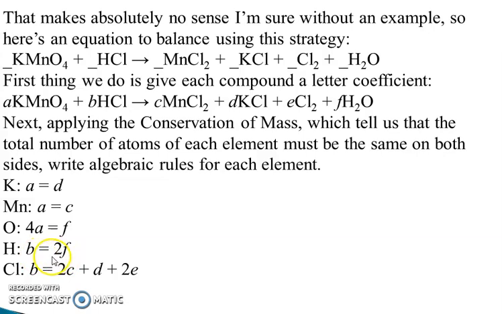Now in the case of Cl, in the above reaction Cl is present in 4 places, 1 on the reactant side and 3 on the product side. Let's start with the reactant side. A single atom of chlorine is written, so we write here B. And on the product side 2 atoms of chlorine are present, so this 2 gets multiplied by E and we put E.